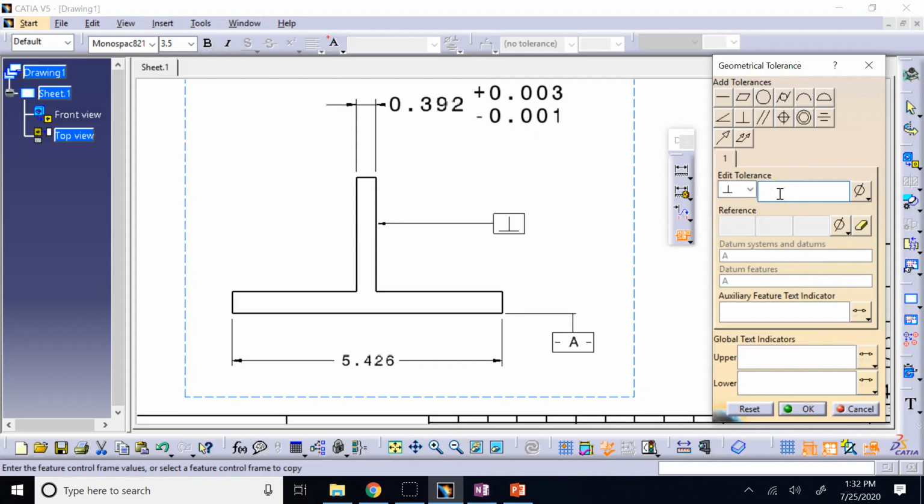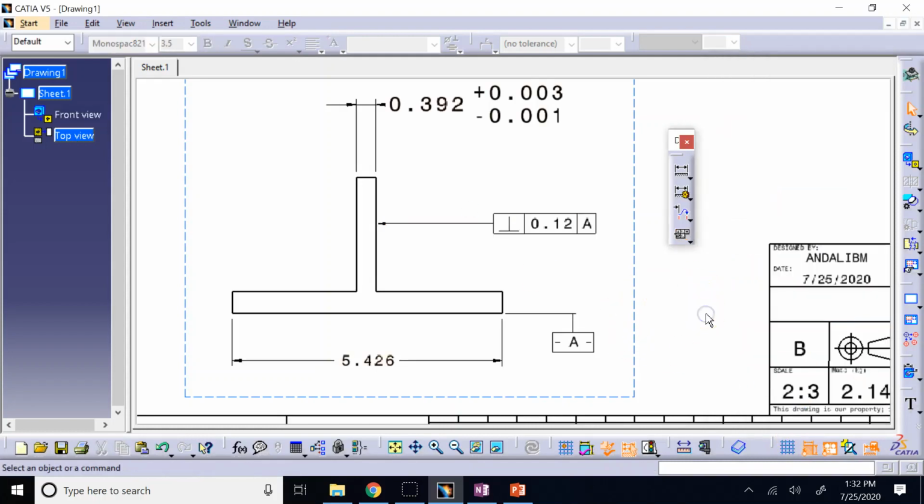And then I have some tolerance of 0.12. And this is with respect to A, and you OK that. Yes? So that is how you use datum and geometric tolerance to create one in CATIA.